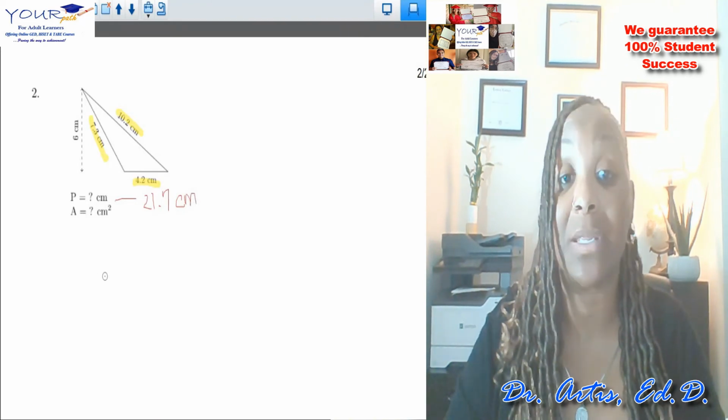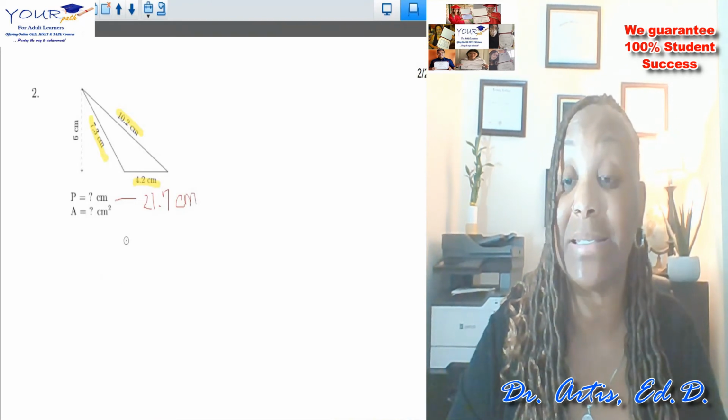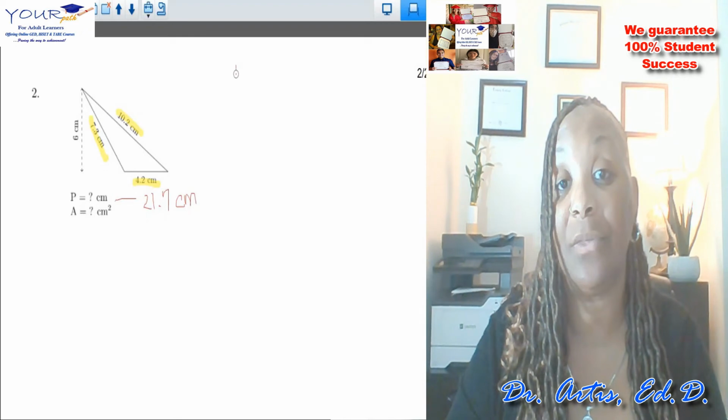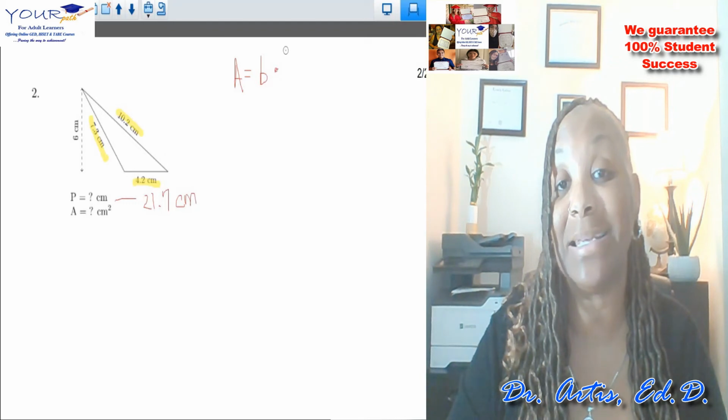Okay, now the next thing I'm going to find is my area. Remember, you want to make sure that you're familiar with one or the two formulas. Either A is equal to the base times the height divided by 2, and you can write it that way, or you can write it this way.